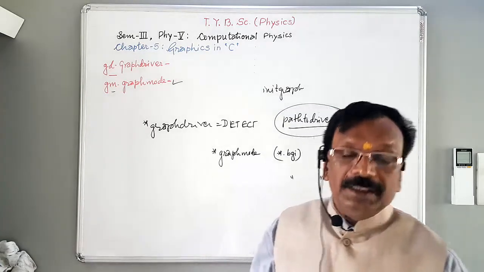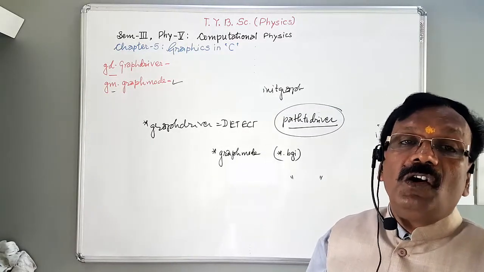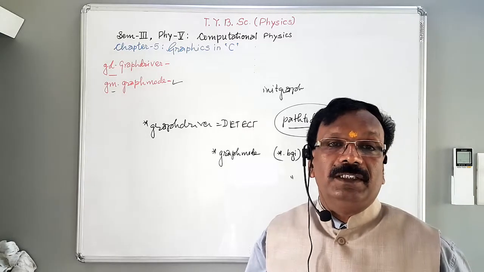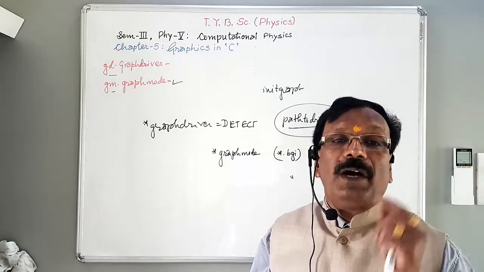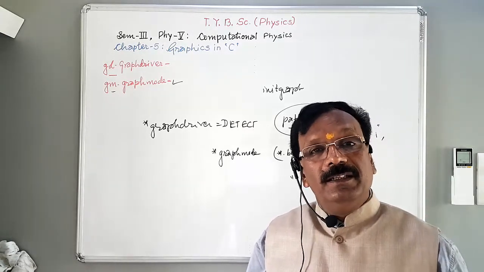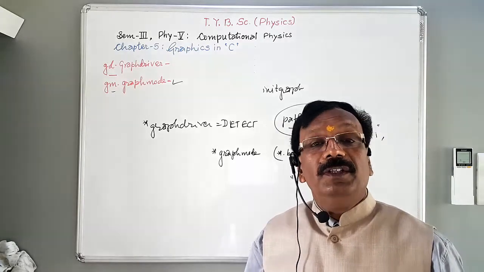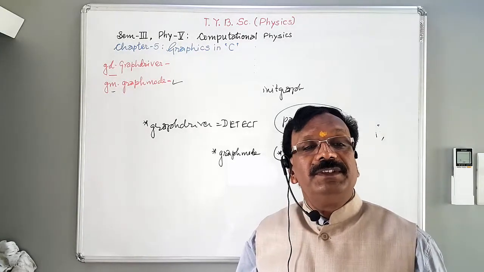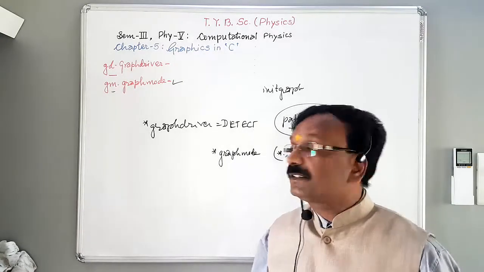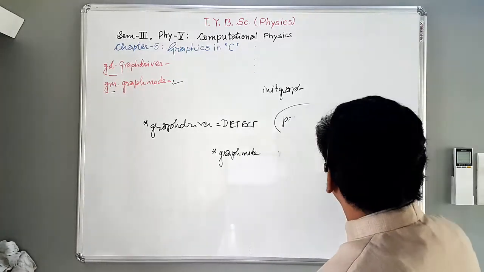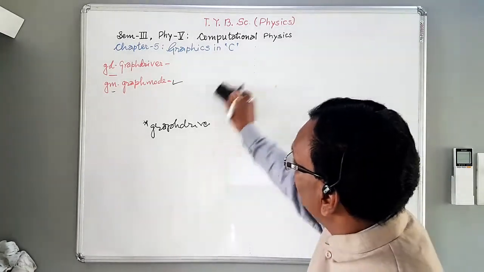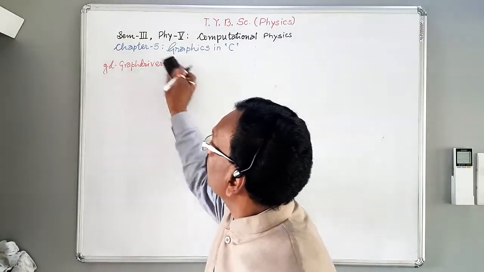Okay. In this way, we studied all the important terms from pixel to path to driver regarding computer graphics. Now, we are going to see some simple graphic commands which are useful when we prepare a program.